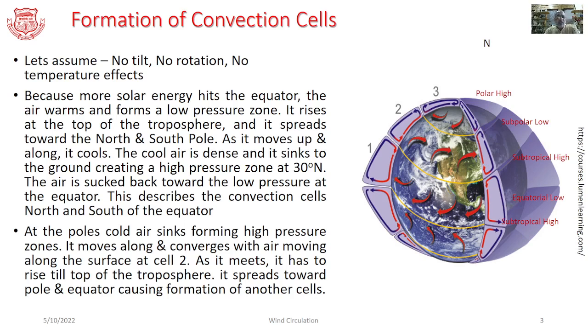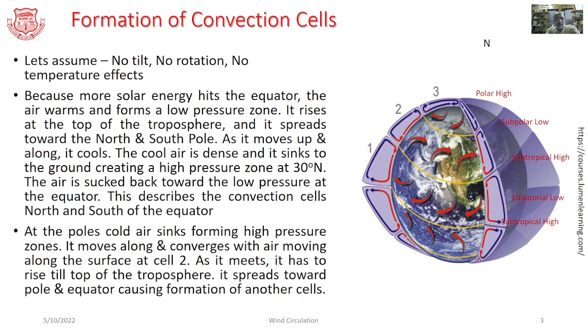As we discussed about the heating in the equatorial region, the air warms and forms a low pressure zone. This heated air sample rises towards the troposphere and it spreads toward the north as well as south pole.